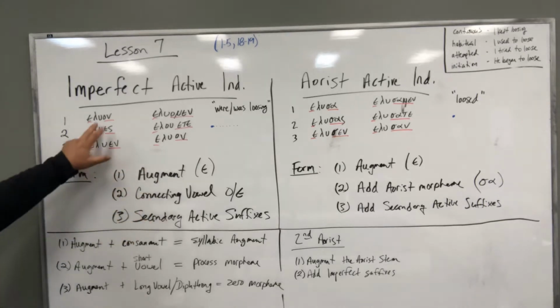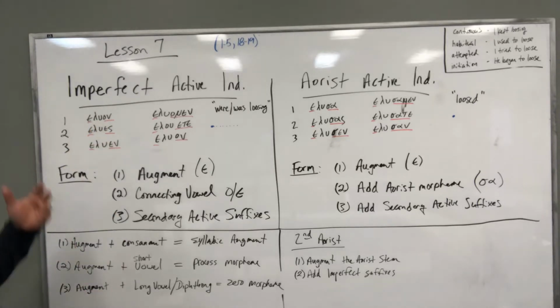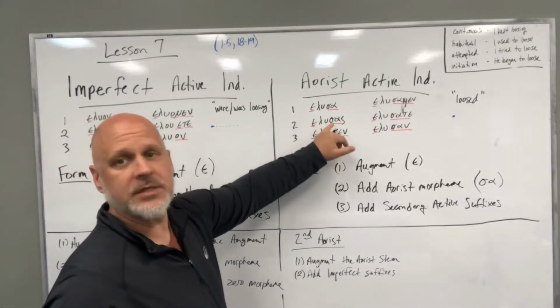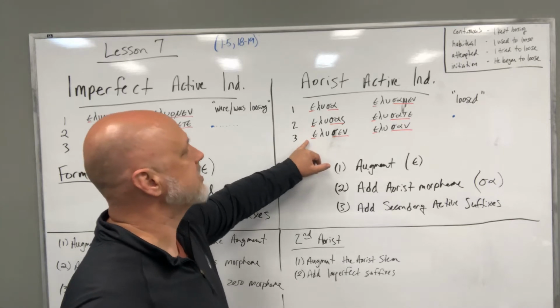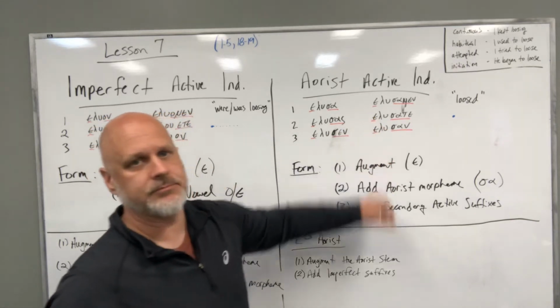You'll notice my stem is lu, and then something has happened to that. Aorist, I have elusa, elusas, eluse, elusamen, elusate, elusan.